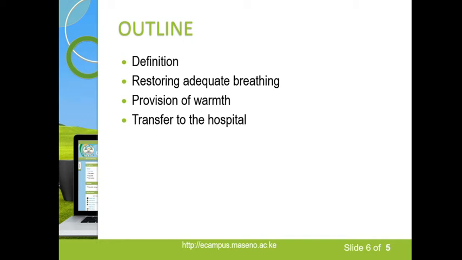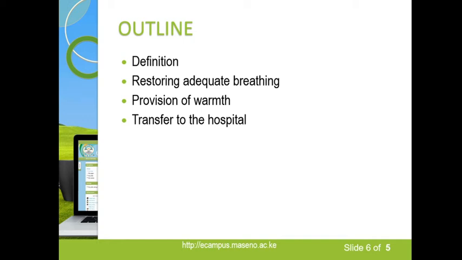So in this case, the casualty's main need is in the respiratory system. So the focus or the approach is still ABC, that is airway, breathing, and circulation. You have to ensure that the airway is open, and there is breathing. And in case the casualty is not breathing, you give 5 initial rescue breaths before you do chest compression.